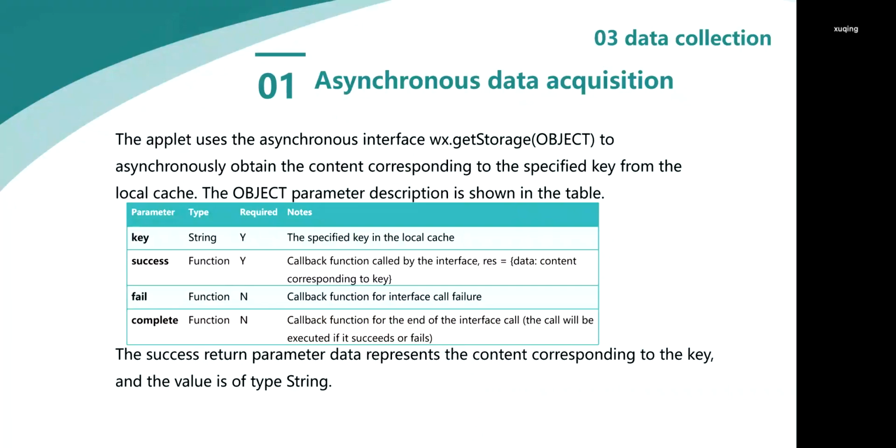But in the set storage interface, we have another parameter, which is data, as we need to set the data. That's why we have 1 parameter which is not in this get storage interface.